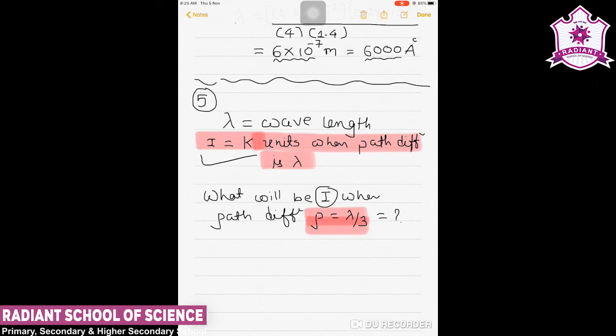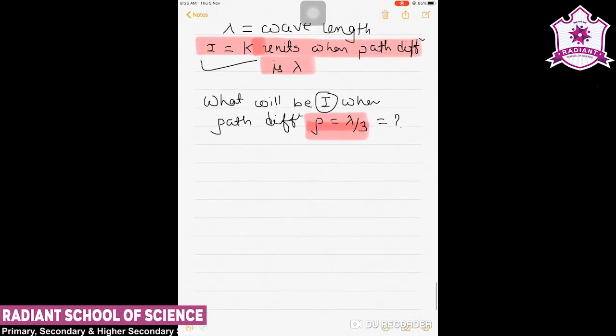Now to solve this question, we can simply go with the information again. The actual equation of intensity, we have two sources. So resultant I is given by, suppose, I1 plus I2 plus 2 under root I1 I2.